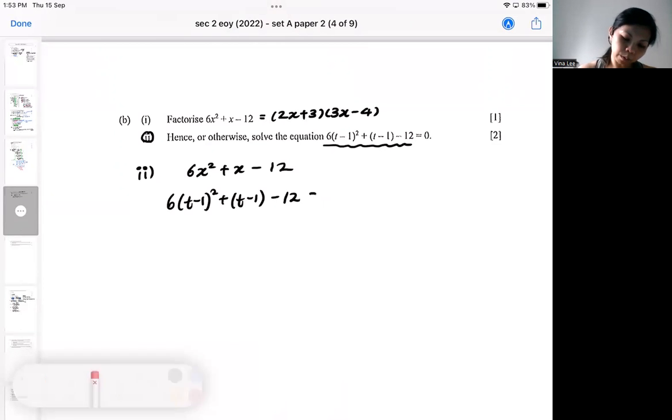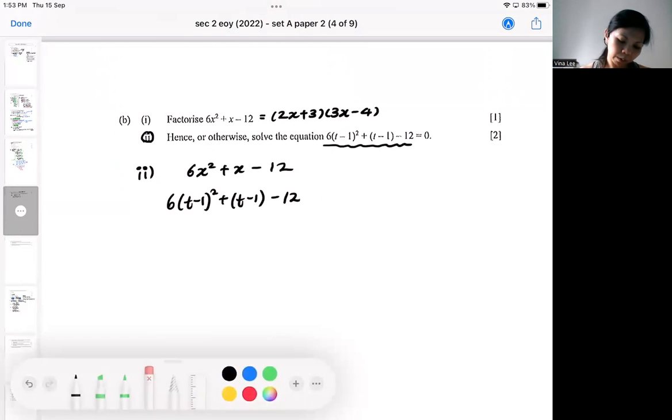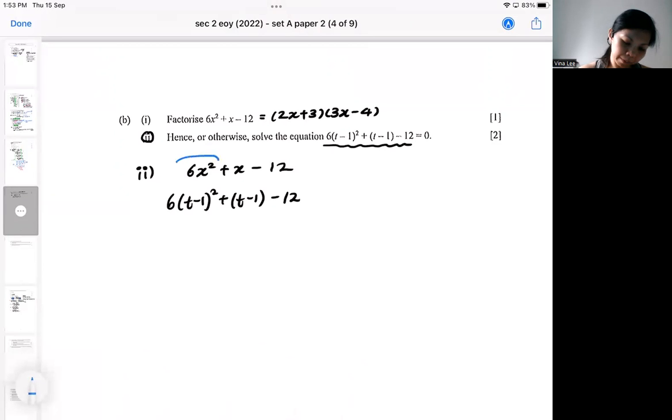okay, let's omit the 0 first. You can put them side by side to compare. If you compare, 6 and 6 are identical. The square is also identical. So if you compare the x square, you realize that x is equivalent to t minus 1.